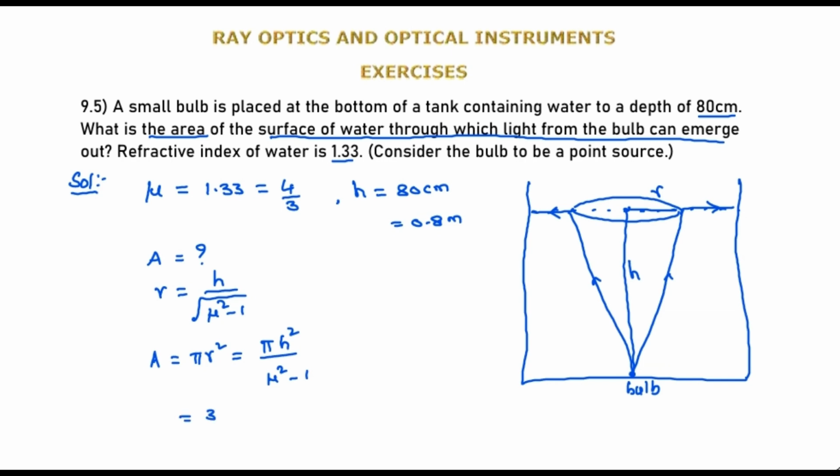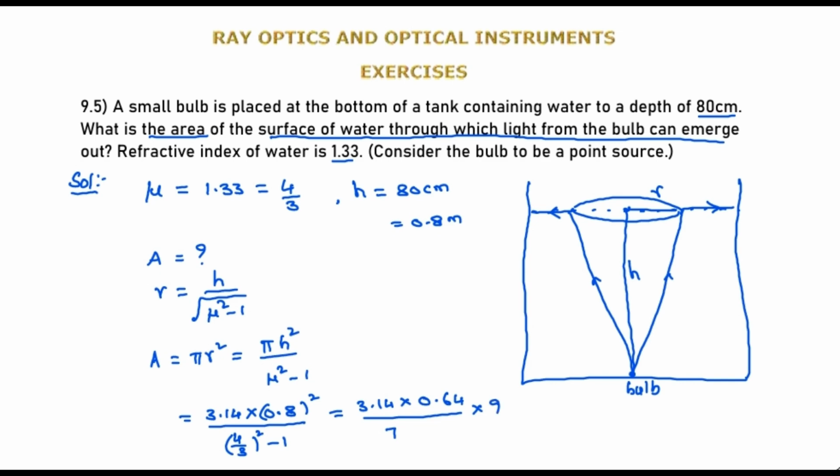Pi is nothing but 3.14, H is 0.8 whole square, divided by mu square, that is 4/3 whole square minus 1. That is equal to 3.14 into 0.64 divided by, we can write here 7 by 9.